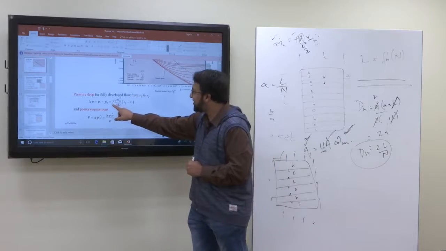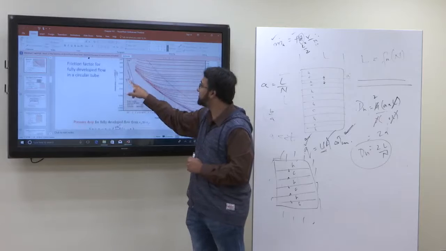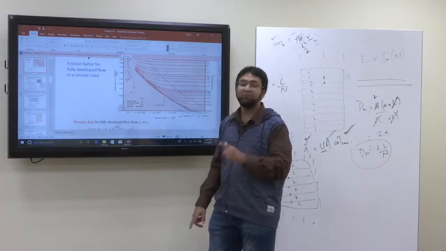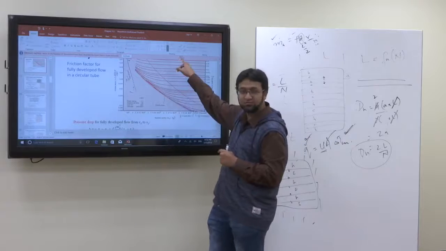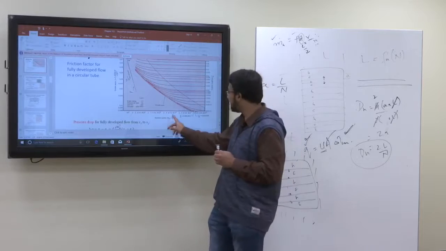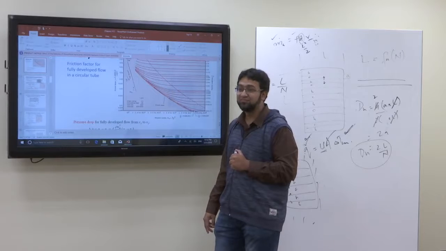Now, if it is laminar flow, then f is 64 by Reynolds number. If it is not laminar flow, then you have to find it from the chart. From this graph, it's very hard to find.